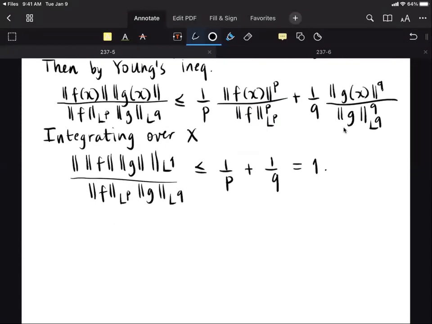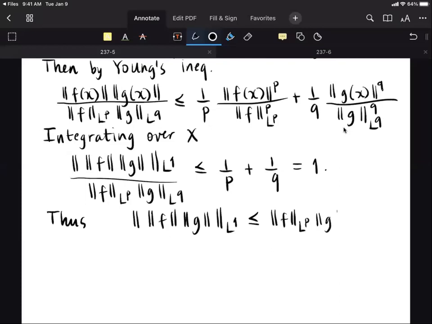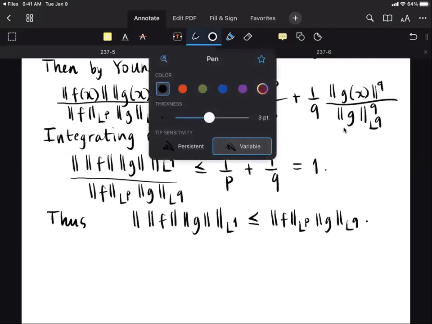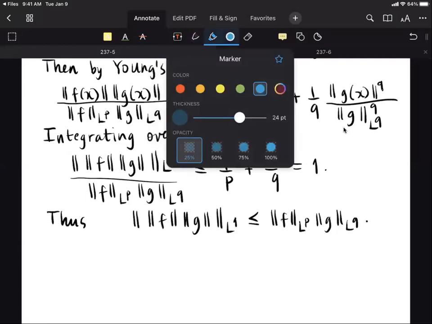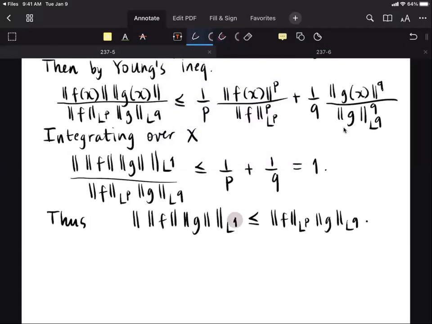And you can see now that by multiplying both sides by this quantity, we have this. And this is Holder's inequality, since so far we assume that R is equal to 1.